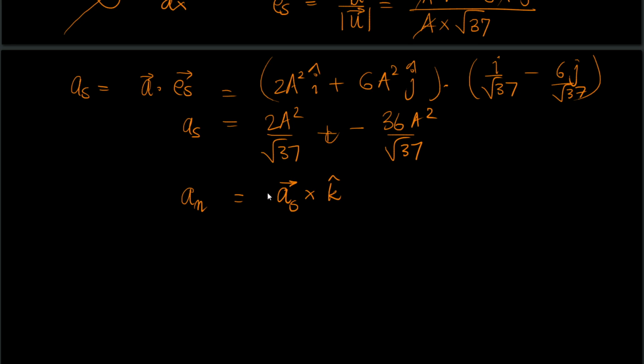Actually it will be the minus of this, so it should be k cross es, because if es is like this and k is pointing towards us, k cross es will give us the normal component. So then you can find this out as well. So at a given point, you now know the as component and the an component of acceleration.